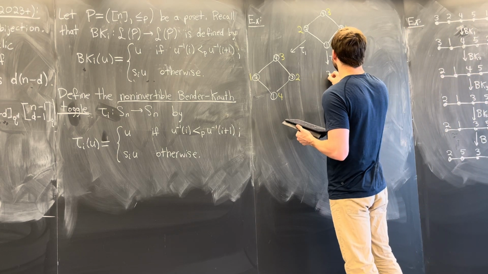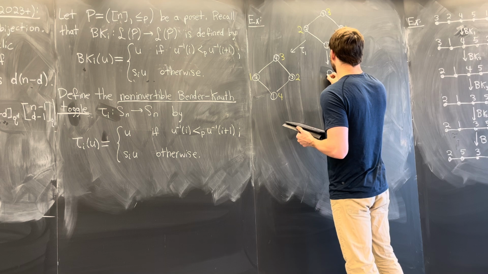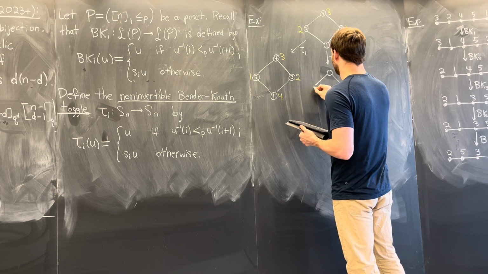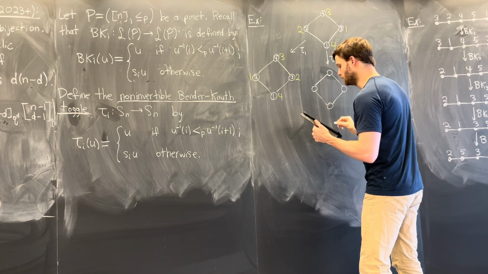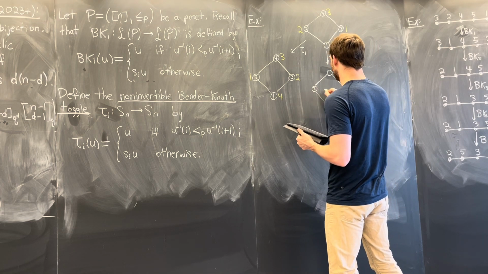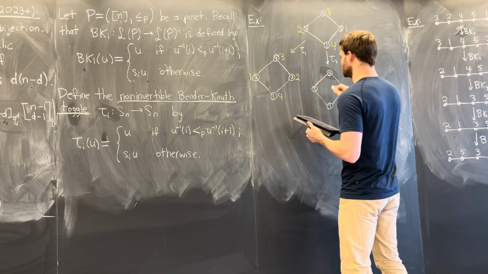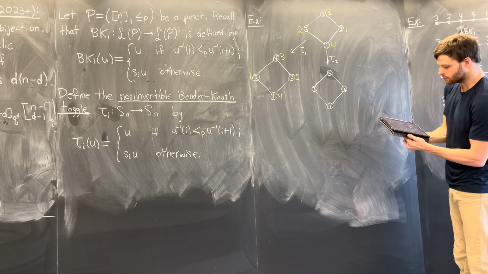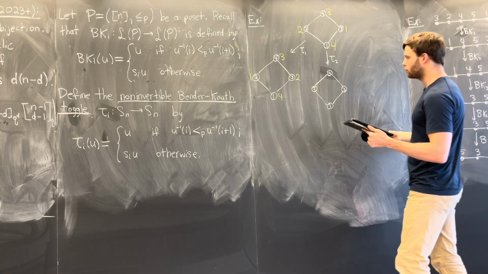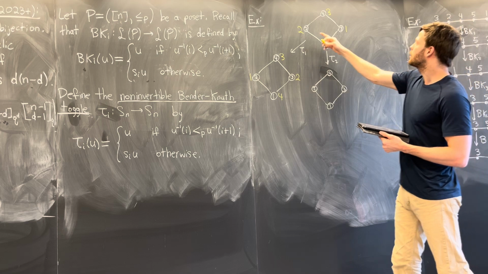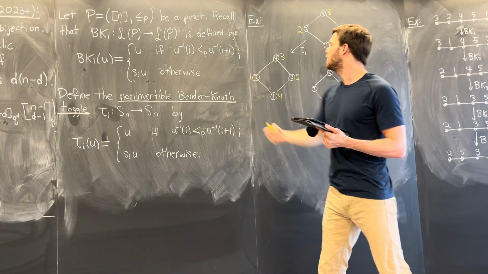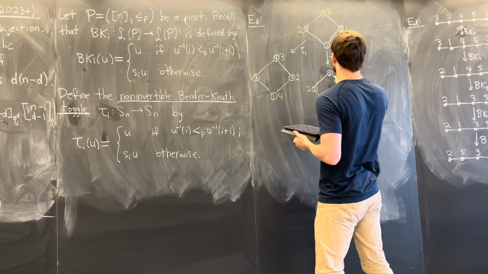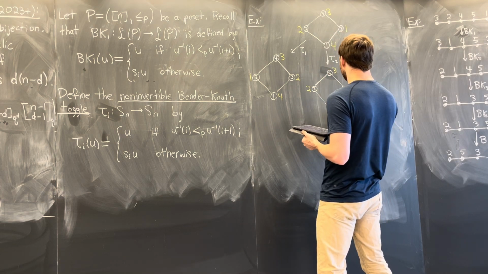So here's tau 2. 1, 2, 3, 4. So if I do tau 2, I say, look at the numbers 2 and 3. 2 is below 3, so I do nothing. Okay, so in this case, it's just the same. Let's do this again.